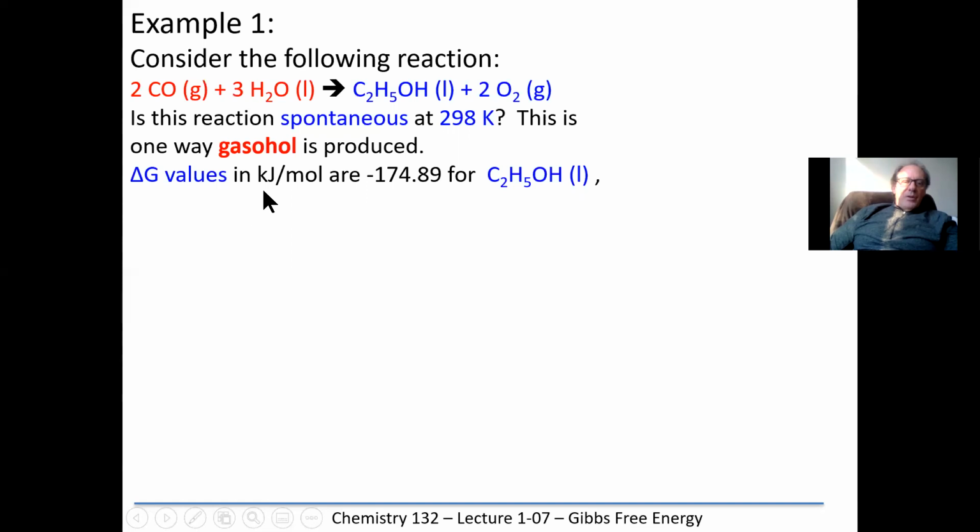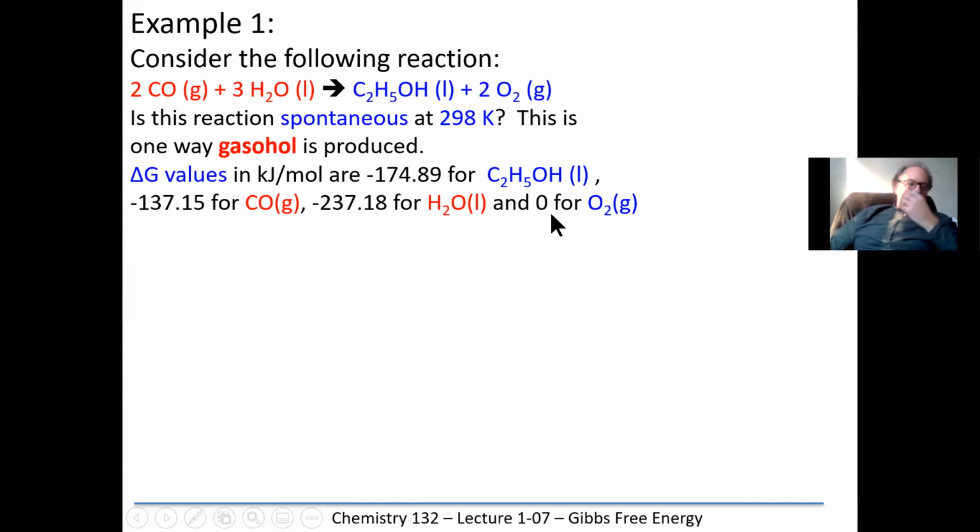Now, the delta G values are in kilojoules per mole for this reaction. Here are the delta G values for ethanol, for carbon monoxide, for water. Now, the delta G values, much like the delta HF values, are 0 for elements.